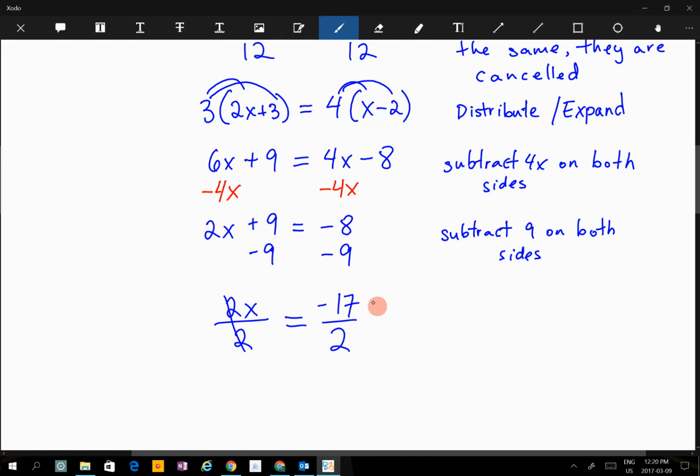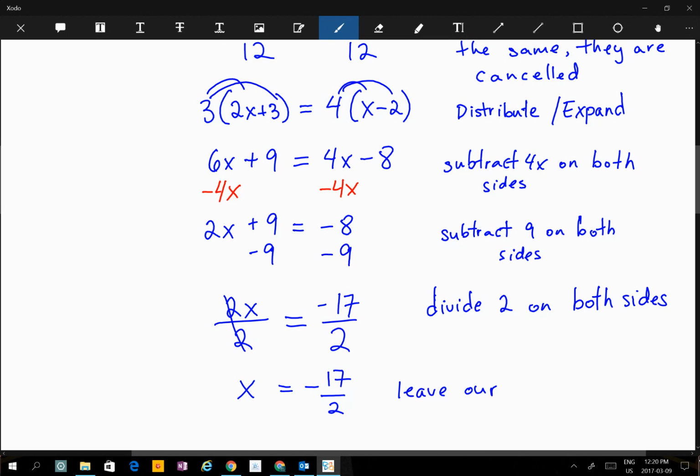So 2 divided by 2 cancel out, I'm left with x, and negative 17 over 2 is just a fraction already in lowest terms. Okay, so here in this step, I'm just going to say that we are dividing 2 on both sides. And here we're going to leave our fraction in lowest terms.